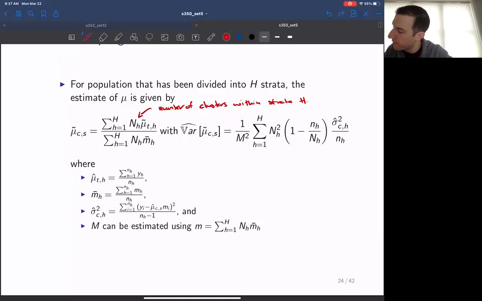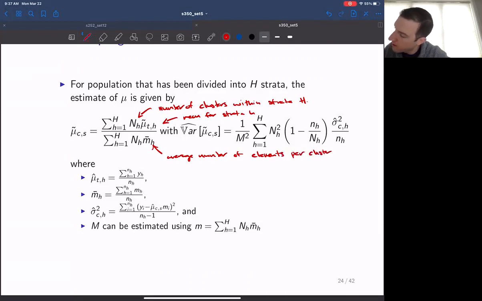And then you can see from the definition below, this is the mean for strata H, and this is the average number of elements per cluster within strata H. Our variance estimator is going to be pretty similar to what we had in the stratification case.